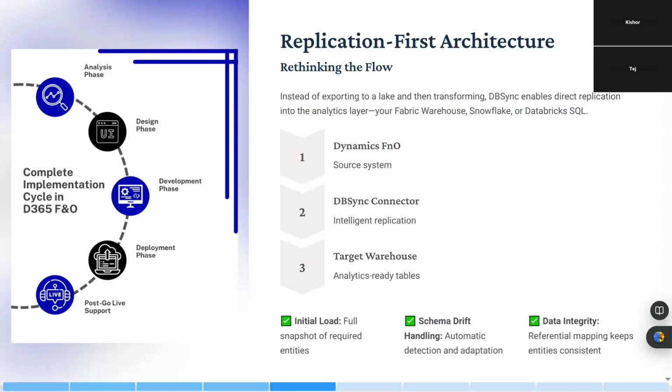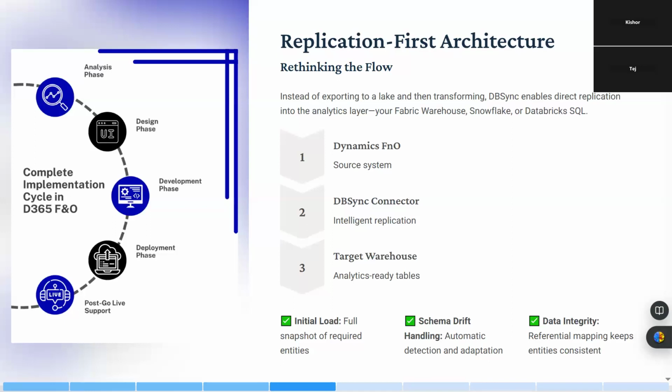If we have to think of replicating the data over to your analytics platform, it's not just exporting to a database and then using that anywhere else. The flow would be that you extract the data through DBSync from FNO, and then move it to the target warehouse. That would be SQL based, and analytics ready at the same time.